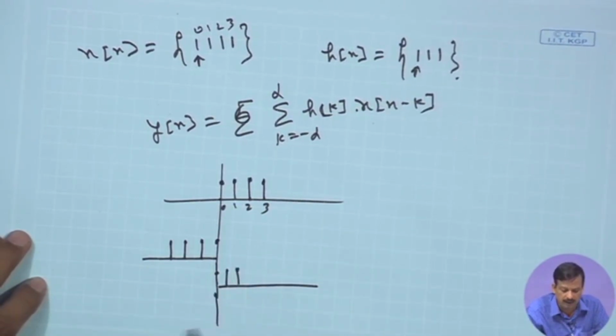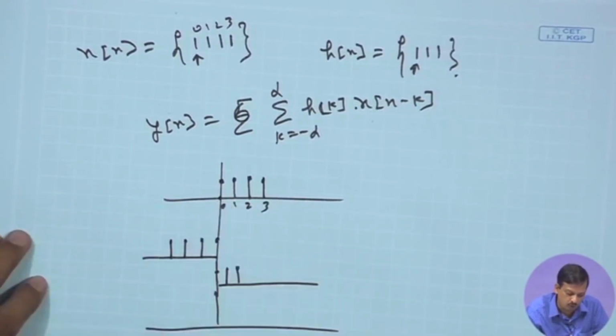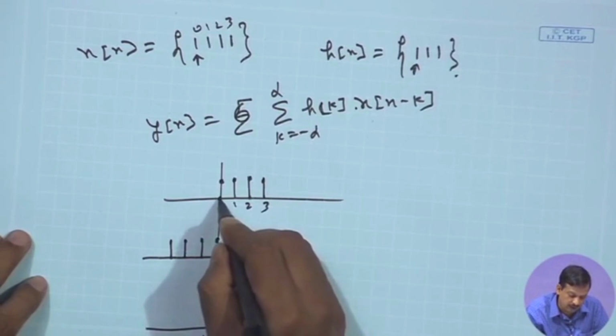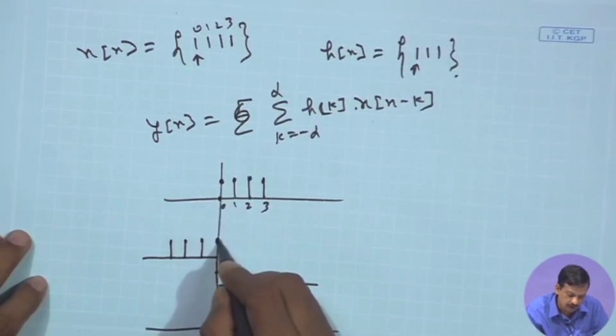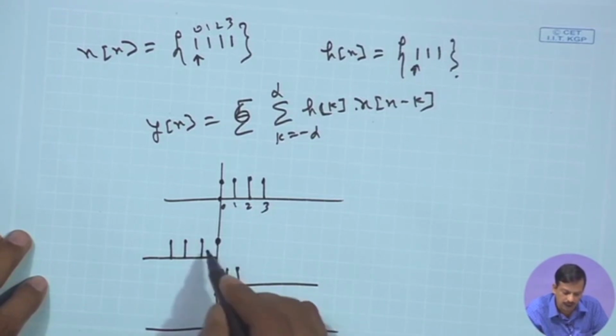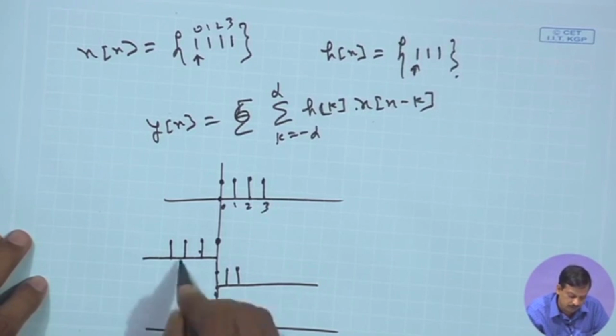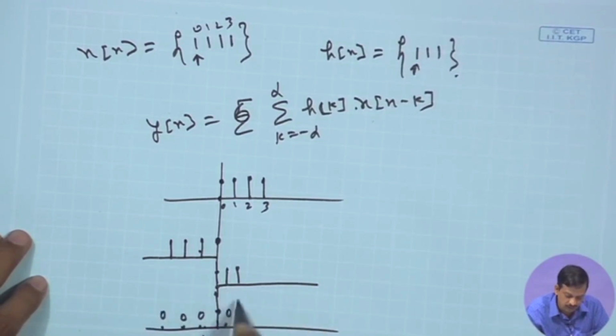So, for my y[n], first I fold it and multiply. So, y[0] is nothing but multiplying this with this: 1 multiplied by 1, and the others multiplied by 0.